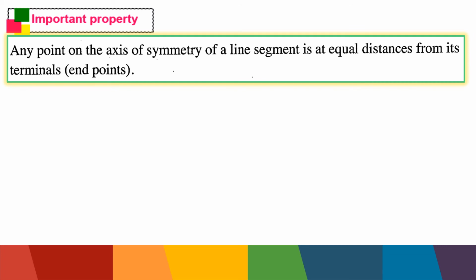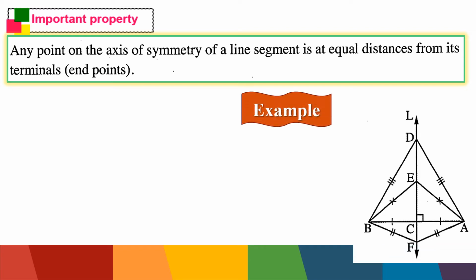Important property: any point on the axis of symmetry of a line segment is at equal distance from its endpoints.